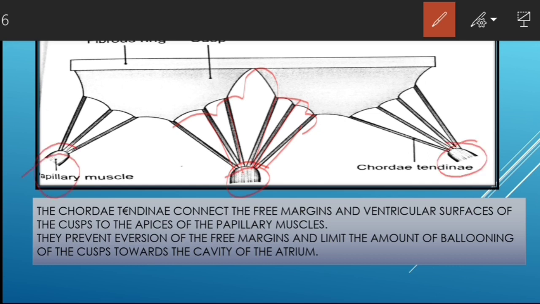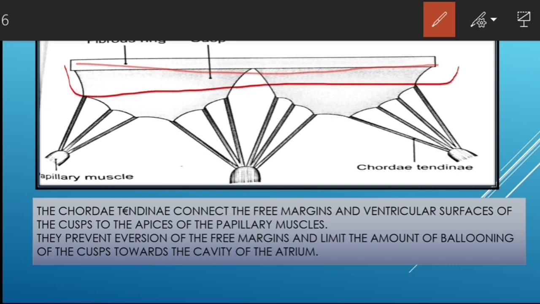So the chordae tendineae are attached on one side to the cusp and on the other to the papillary muscles, right? They prevent eversion of the free margin and limit the amount of ballooning of the cusp toward the cavity of the atrium. Blood vessels are only present in the fibrous ring and one third of the base, right? Only this portion, one third.